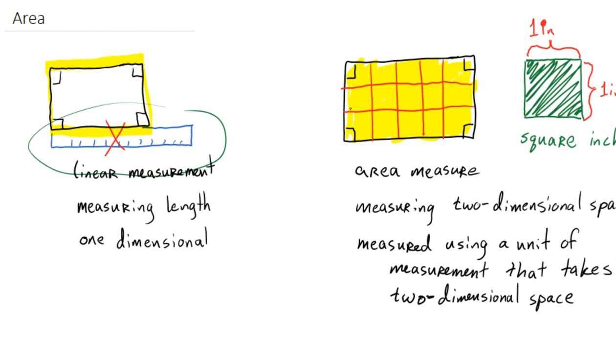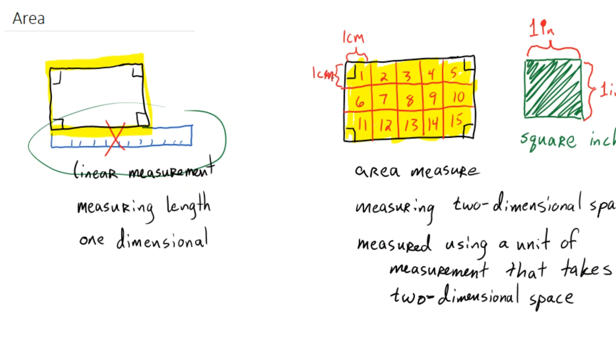But then when we're talking about the area of that, it's how many of these guys it takes to fill this space up, because that's what we're measuring by. And so if I declare this to be a centimeter on each side, then each one of those squares is a square centimeter.